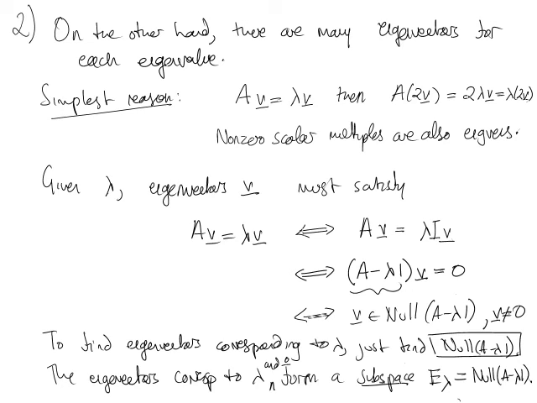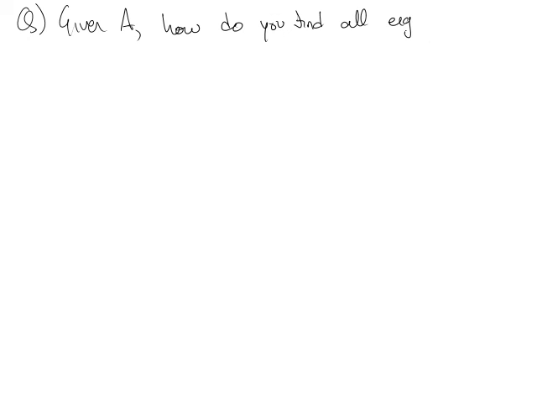now let's move on to how you actually find these things given a matrix. So now the question I want to look at is, given A, how do you find all eigenvalues and eigenvectors, right?